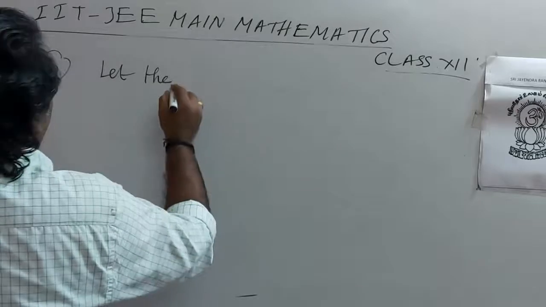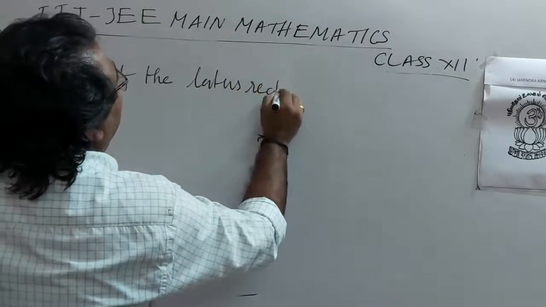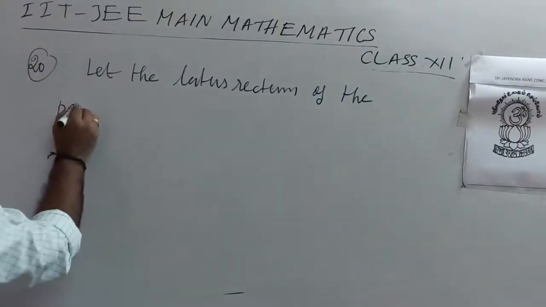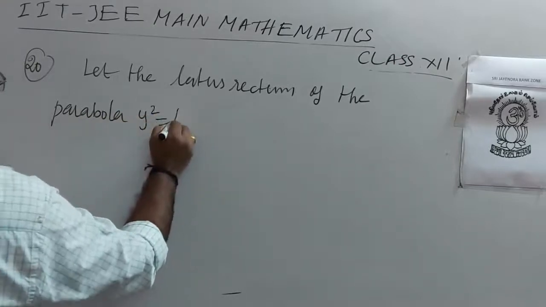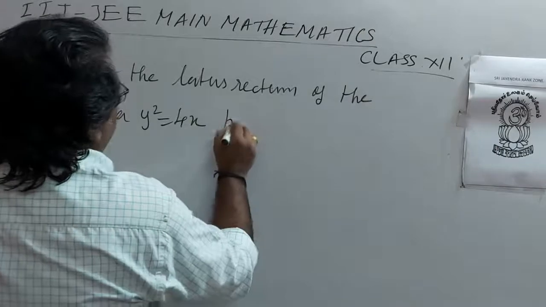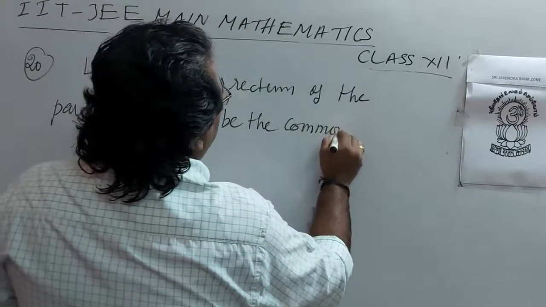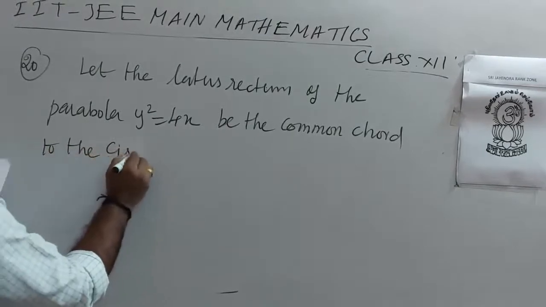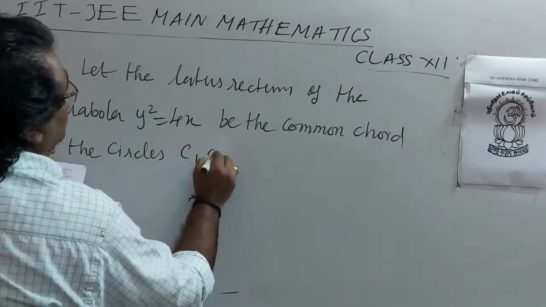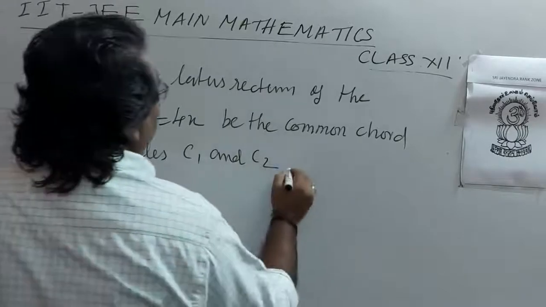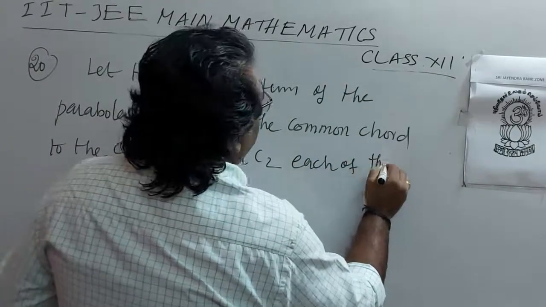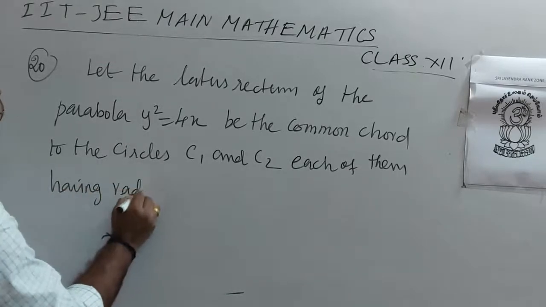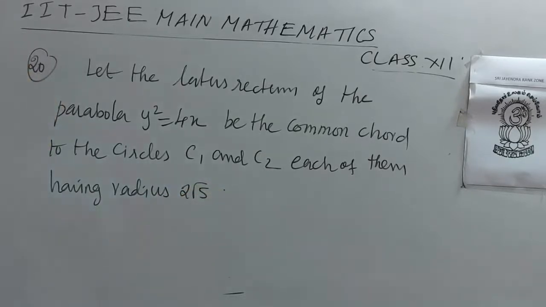Let the latus rectum of the parabola y square equal to 4x be the common chord to the circles C1 and C2, each of them having radius 2 root 5.